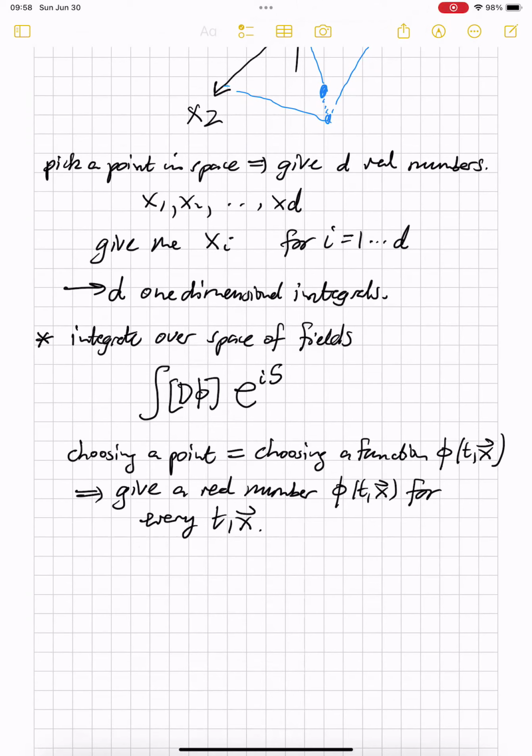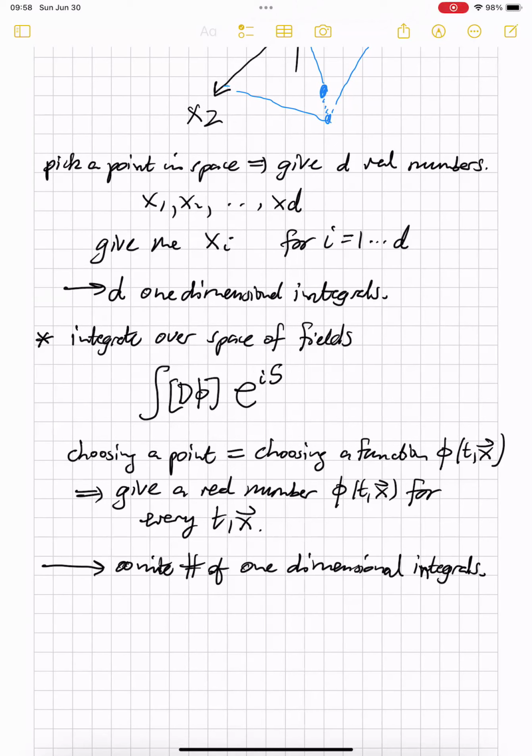And then what that means is when you're doing a path integral, you're actually doing an infinite number of one-dimensional integrals.